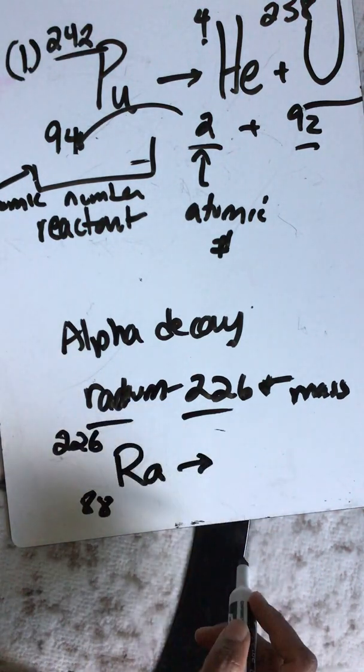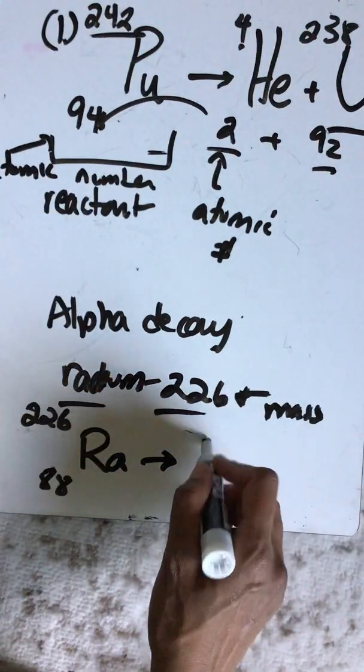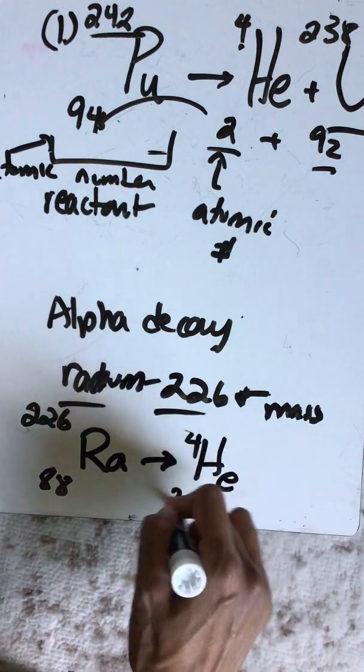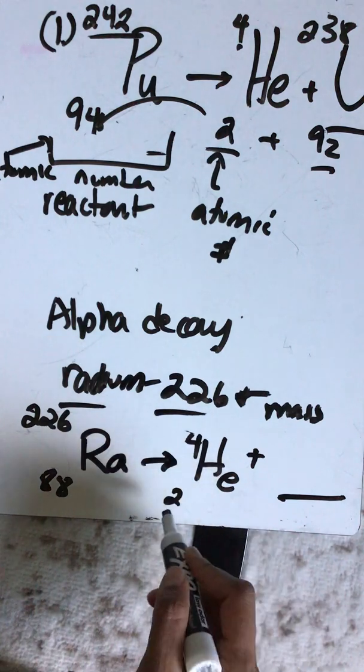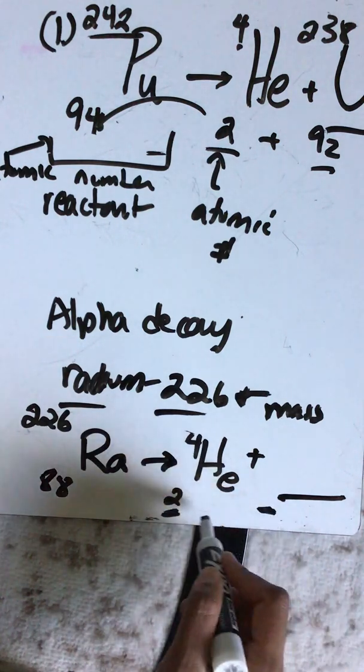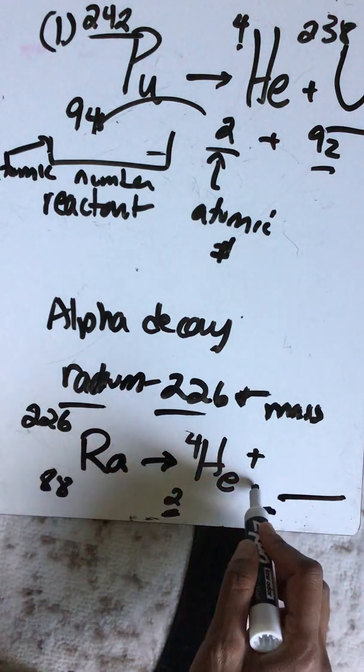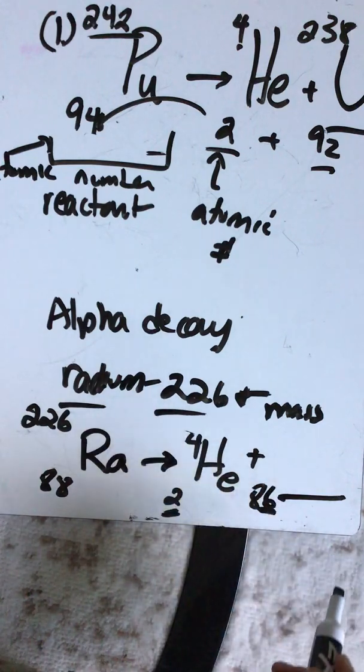If you're doing an alpha decay, that just means you're making this alpha particle, helium-4, 2. So if you're making that, what's the other element you're making? Remember, this plus this number here has to equal 88. So this number has to be 86. So you look at your periodic table and say, okay, what element is element 86?